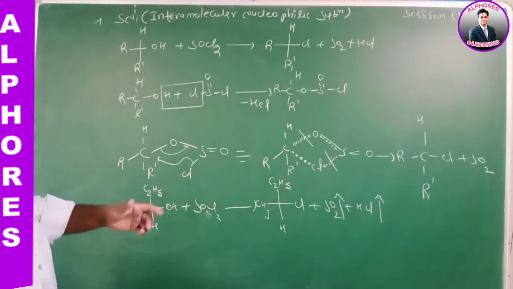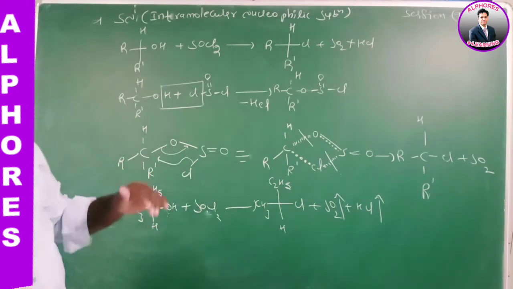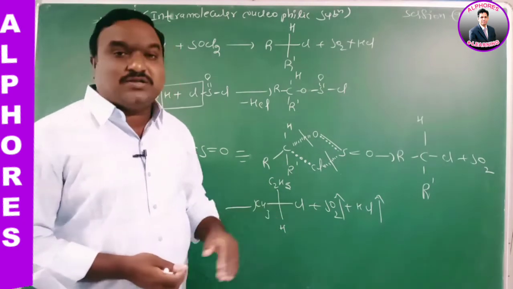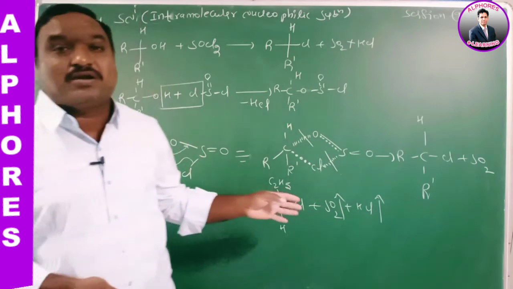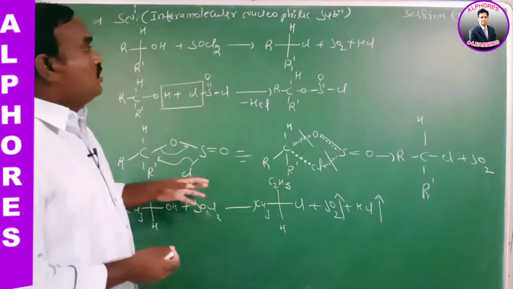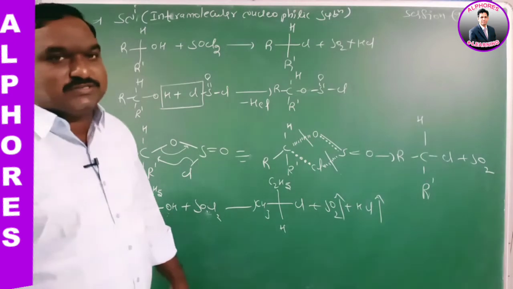Already we have discussed this reaction, the preparation of alkyl halides from thionyl chloride. It is one of the best methods to prepare chlorine compounds, but not iodides and bromides. This is the way to write intramolecular nucleophilic substitution reactions.